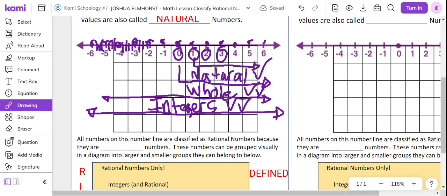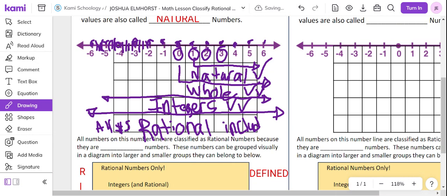all numbers are going to be part of the largest group, rational numbers. And that's going to include all the partial numbers or the decimal numbers in between.